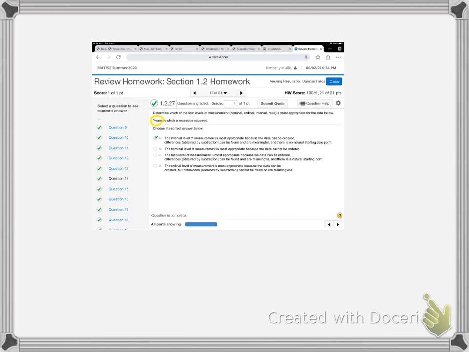There's no natural starting point. Time started at some point, but it has no natural starting 0 that we can quantify. Whenever you're dealing with time, pause and ask yourself, am I dealing with the actual years themselves? If you're dealing with the years, then you're dealing with the interval level of measurement.